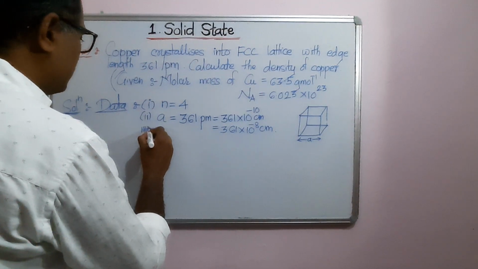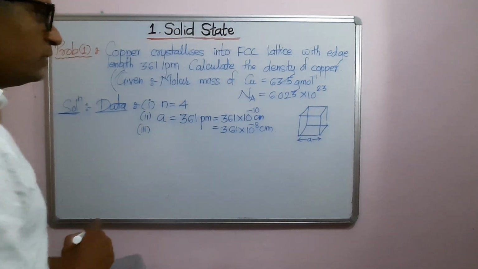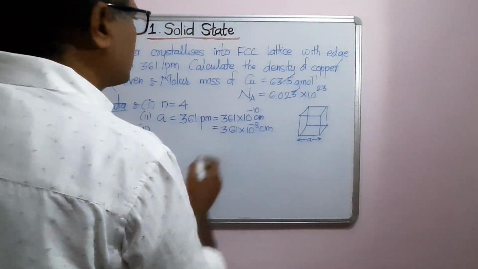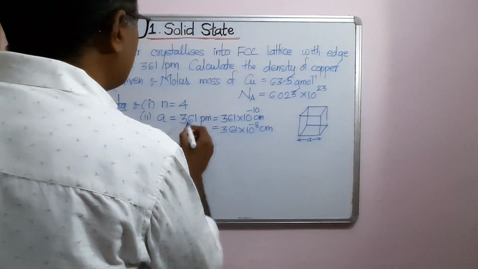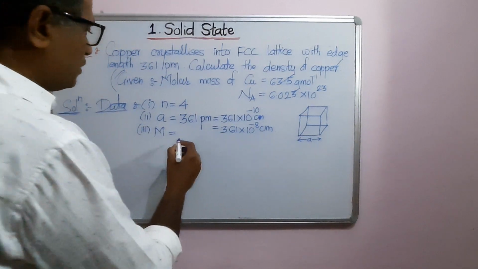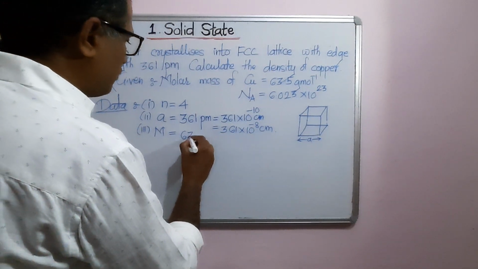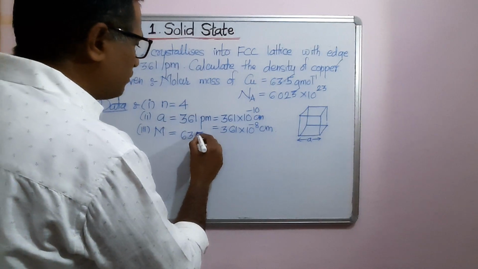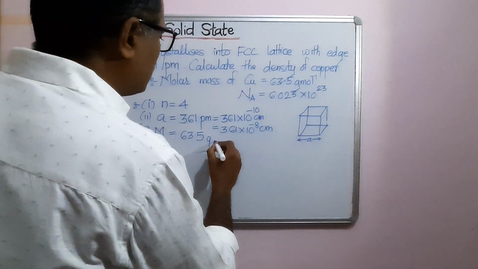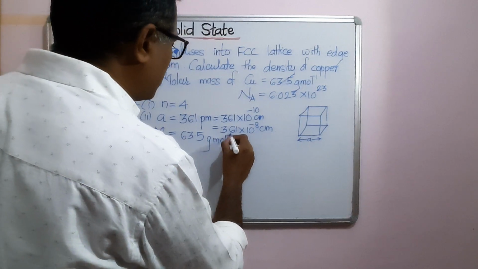Then what is the third thing they have given? The molar mass, for which we use M, in gram per mole.